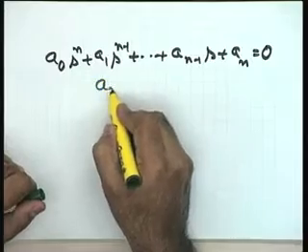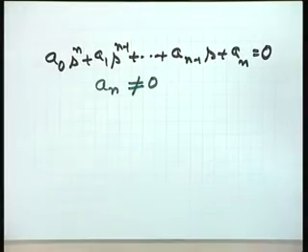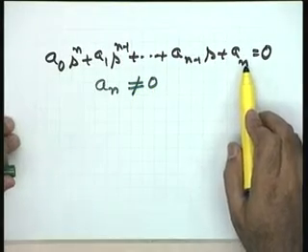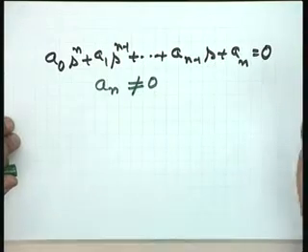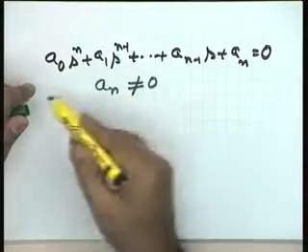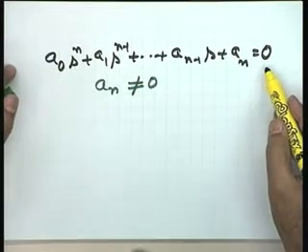Please note, can I take always a n is not equal to 0? Let us see what happens if a n is equal to 0. You see, if a n equal to 0, what happens? S is equal to 0 is a factor. So, it means you know that S is equal to 0 is a root of the characteristic equation. Why determine this using Routh stability criterion when it is so clearly visible?